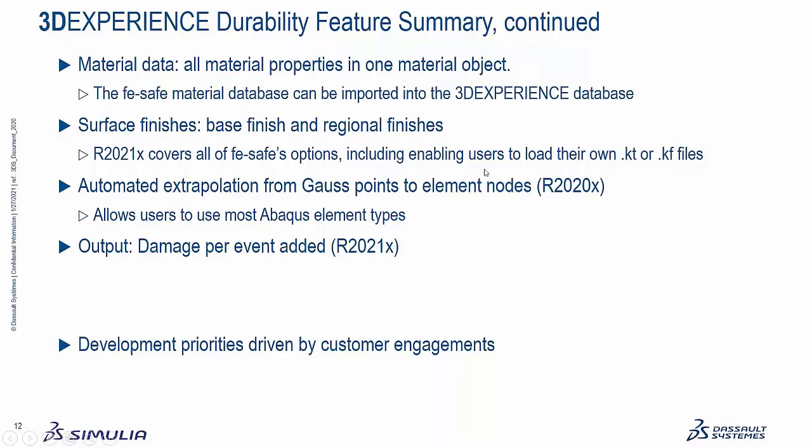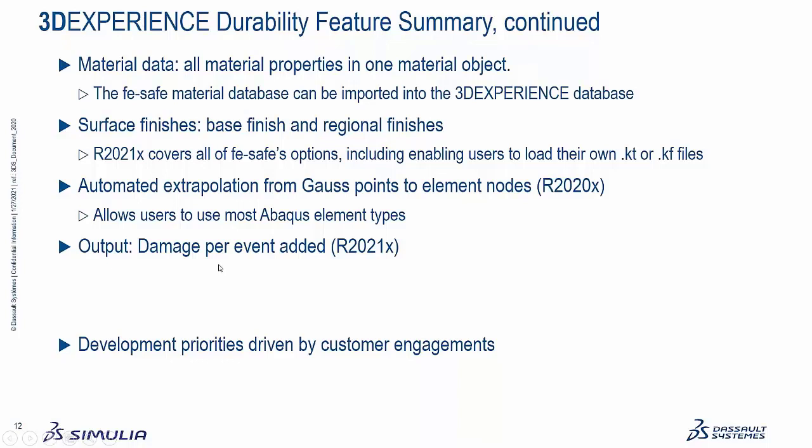We had a limitation in the past where you had to use elements that had nodal integration, like the C3D10S element, for example, and the C3D8HS elements, because we weren't doing extrapolation from the Gauss points to the element nodes in 3DX like we were with the ODB and FE-Safe. But now we've plugged that hole and now you can use any of the element types.